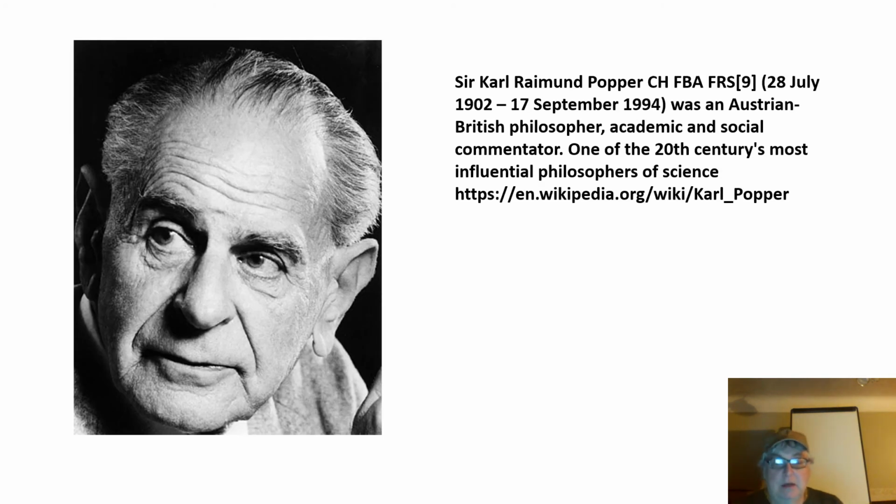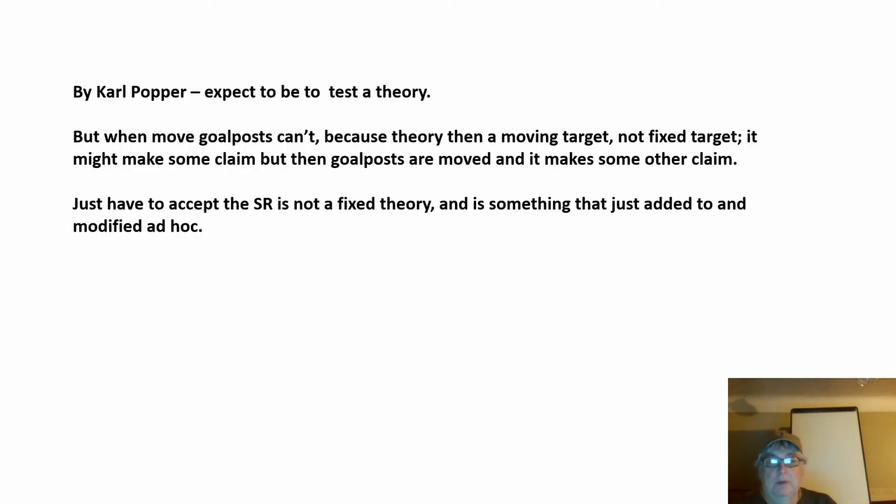So now this is Karl Popper. He was a very influential philosopher of science, and a lot of people go by him. By Karl Popper, you expect to be able to test a theory, but when you move goalposts, you can't test the theory, and that's the whole point of why moving goalposts is supposed to be a fallacy.